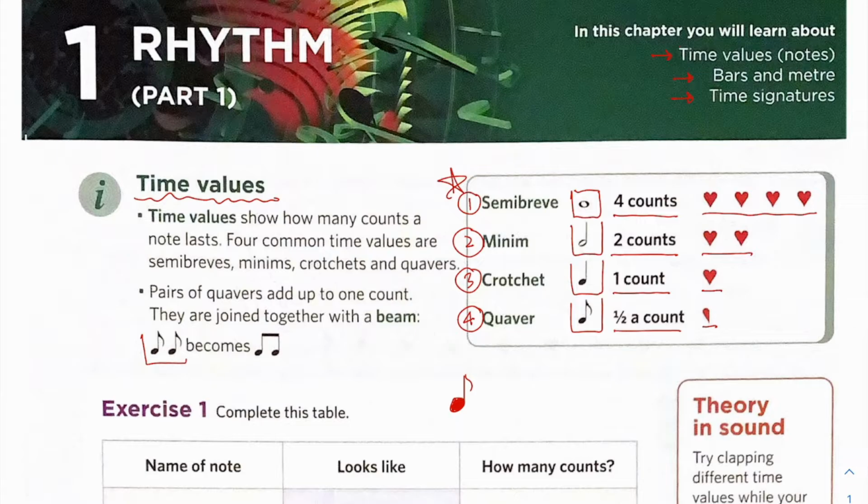You see there are 2 quavers here, and because each of them has a tail, we usually group them together, or we call it beaming them together with a line. So this line up here, we call it a beam. Since 2 quavers make 1 crotchet, they always go in pairs.